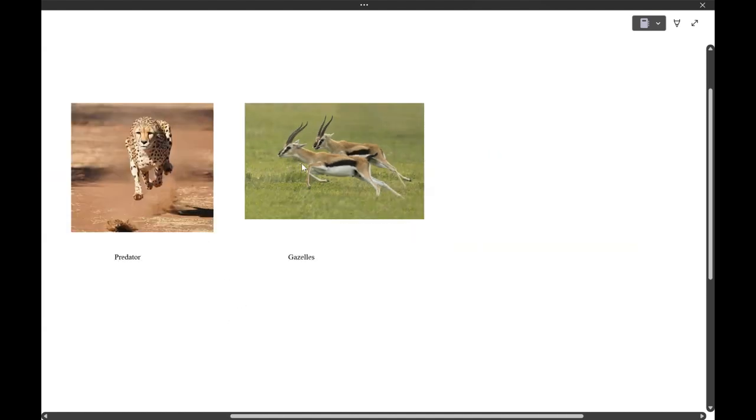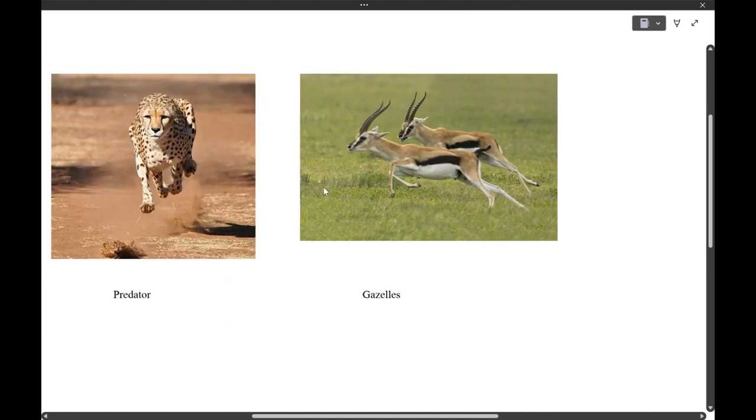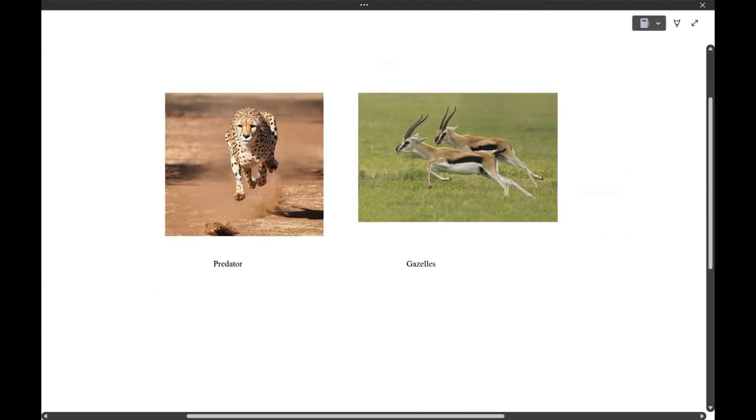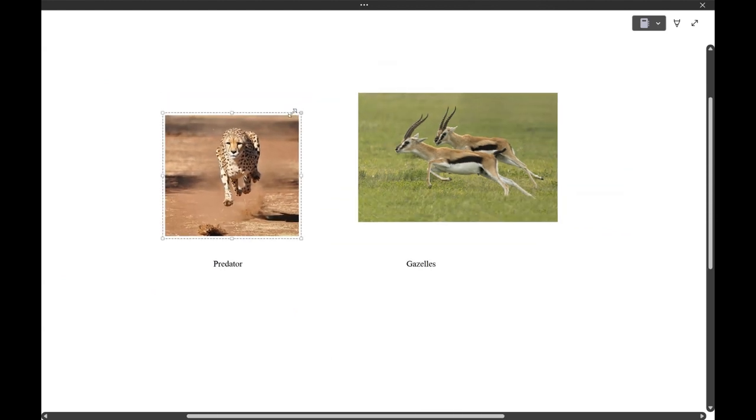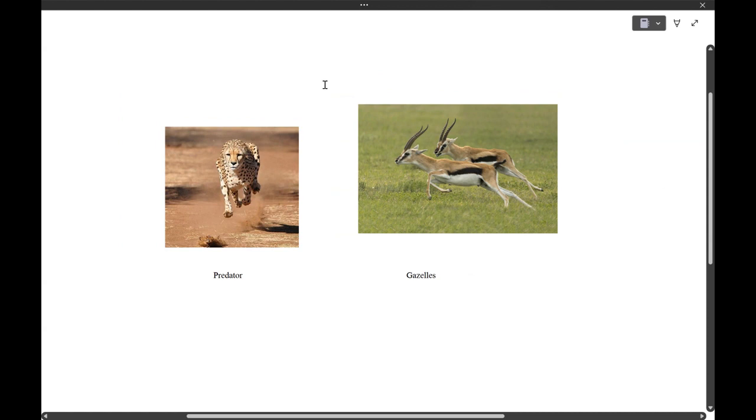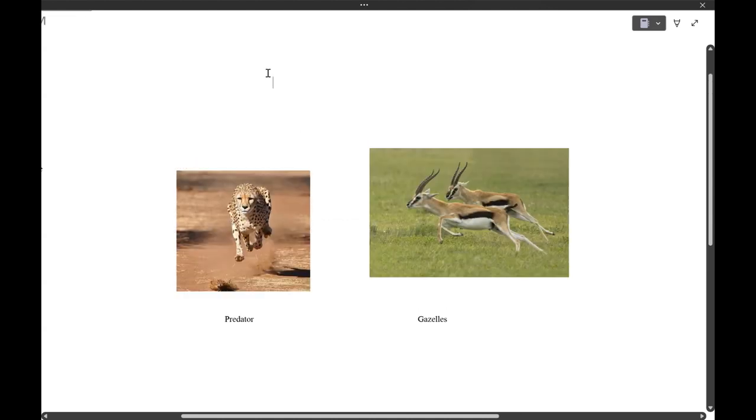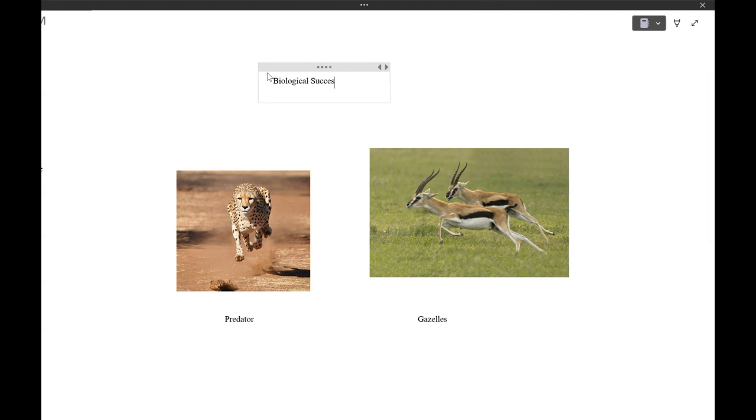Now, since gazelles are relatively fast, the slower cheetahs are not going to be able to catch up to the gazelles. So those slower cheetahs are going to die out. So what that means is that gradually the faster cheetahs are more successful, because biological success means being able to reproduce.